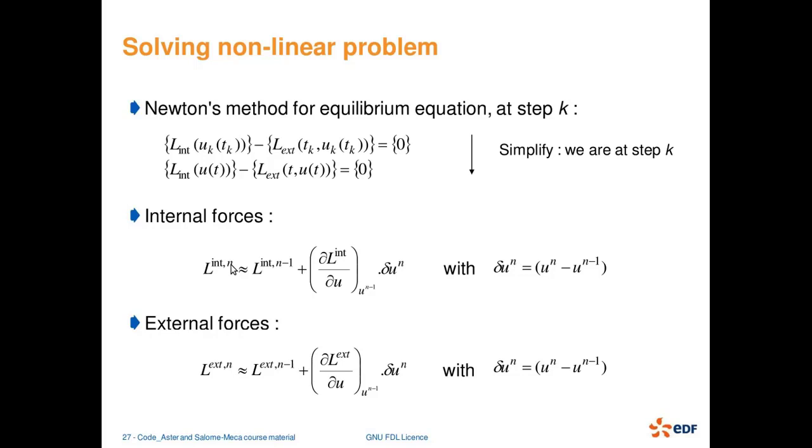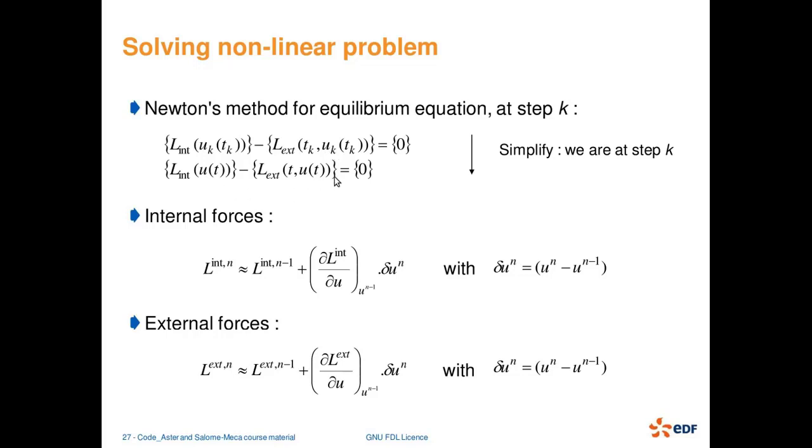So at any time step t_k, my internal load is a function of u at the time step, and my external load is also a function of that time step and that deformation, maybe if it is a boundary condition based load.